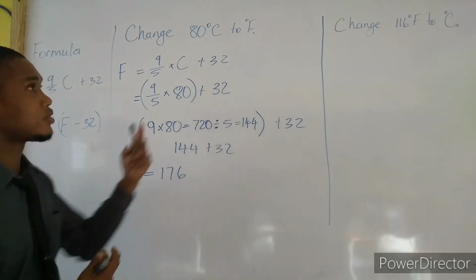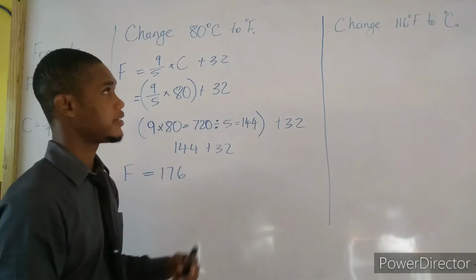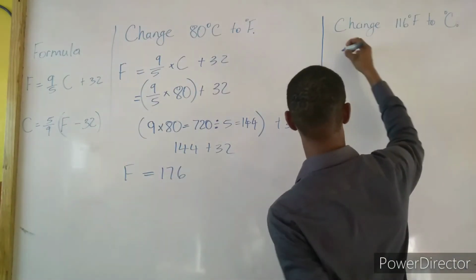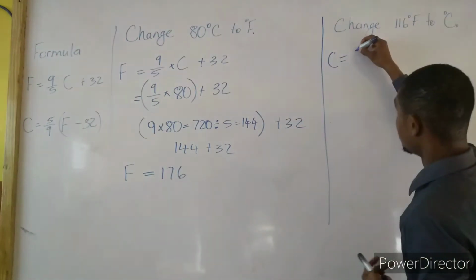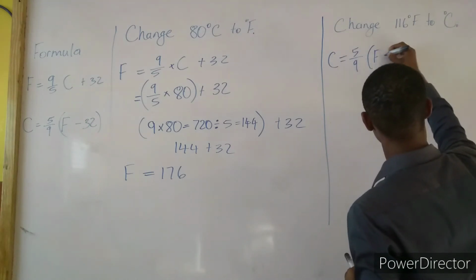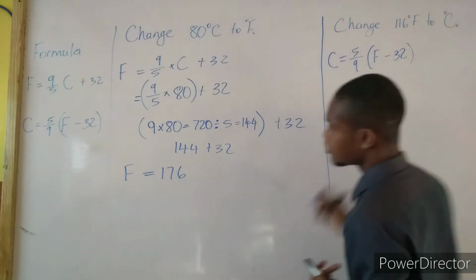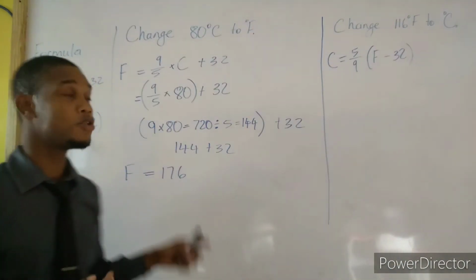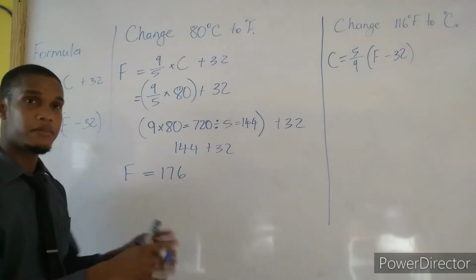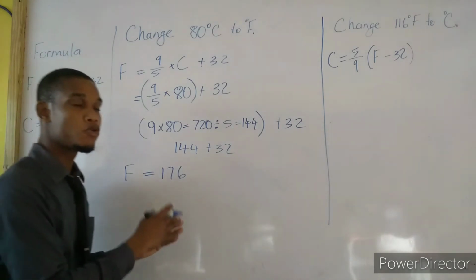Now, what if it was a different case where you're moving from Fahrenheit to degrees Celsius? So we use the other formula, so now we are going to change from degree Fahrenheit to degrees Celsius. And a thing that you can use to remember your formulas is saying the letters of the alphabet: A, B, C, D, E, F, so you're moving upwards.